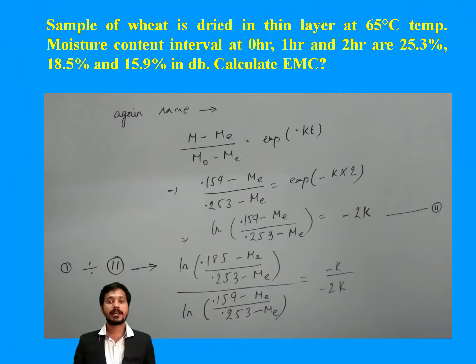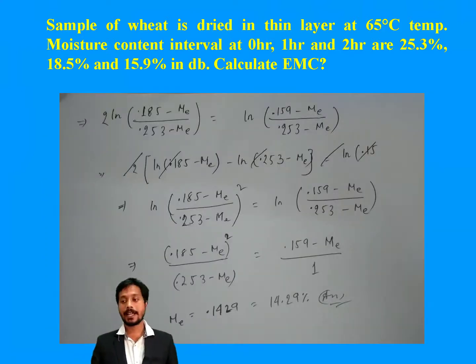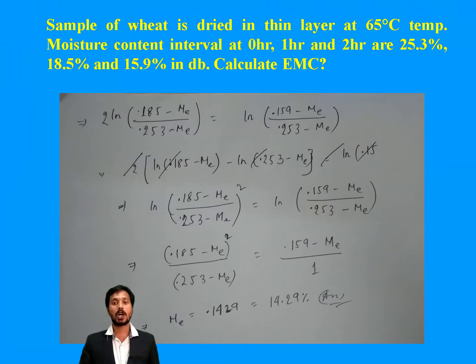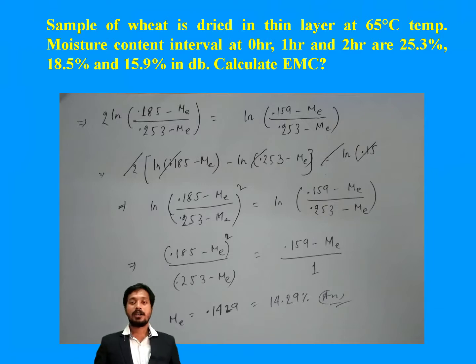Now if I cross multiply, in the next line we get 2 into ln of 0.185 minus Me by 0.253 minus Me equals ln of 0.159 minus Me by 0.253 minus Me. On the left hand side you have 2 into ln of something.